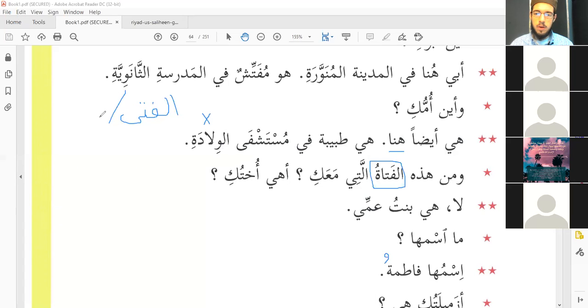Now we learn that if we want to make a young woman, we simply add a ta marbuta at the end. However, adding a ta marbuta necessitates that we change the type of alif we're using, and our alif now stands up instead of sits down. Al-fatatu with a ta marbuta at the end is a young lady, teenage years, maybe early 20s, basically that age range. وَمَنْ هَذِهِ الْفَتَاةُ الَّتِي.